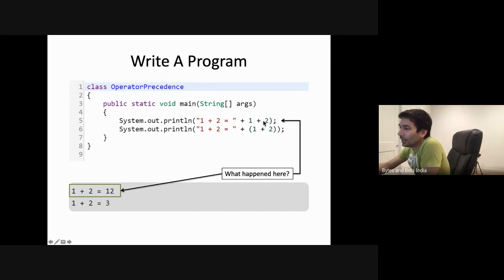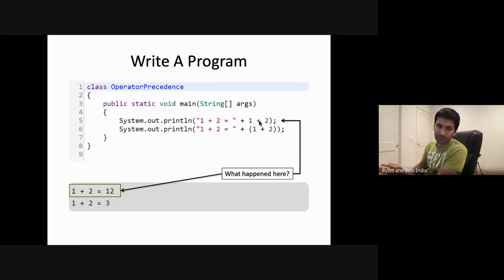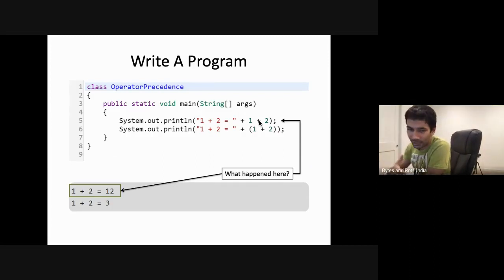But if you look at it, the first plus sign here on the right between 1 and 2, Java will first look at that, and it'll say, okay, it is a plus sign, and the associativity of plus is you evaluate left first and then evaluate right. So it'll go to the left side, and in the left it'll see this whole expression 1 plus 2 equal to plus 1, and it'll be like, okay, first I'll have to evaluate this part here first.